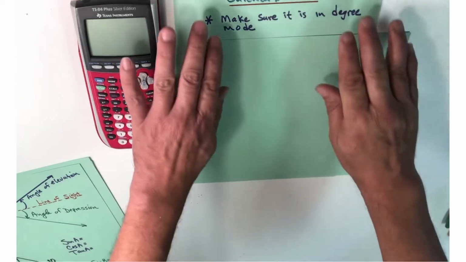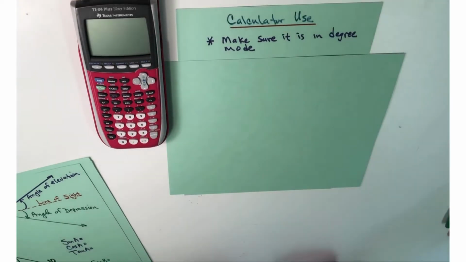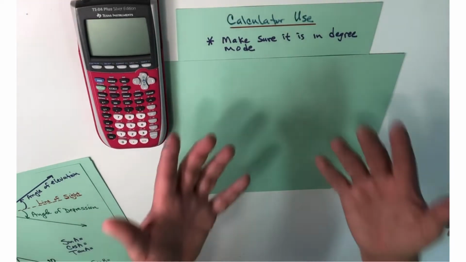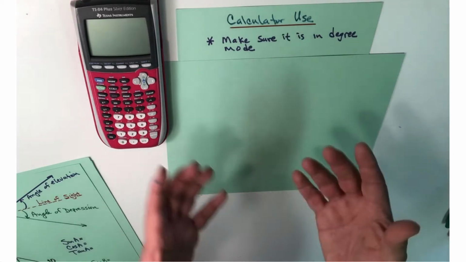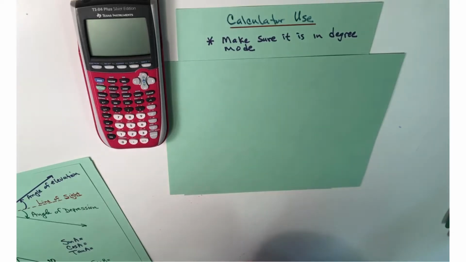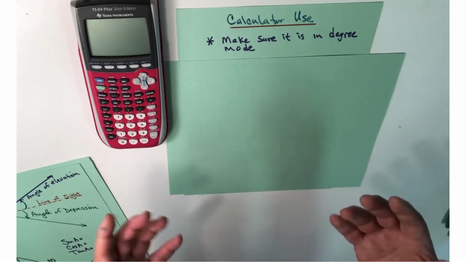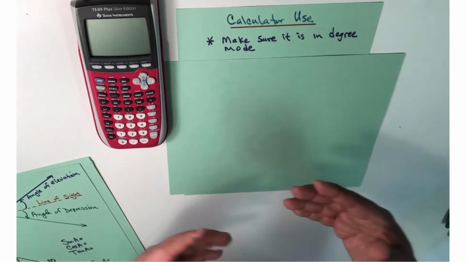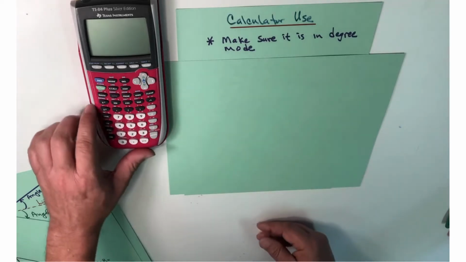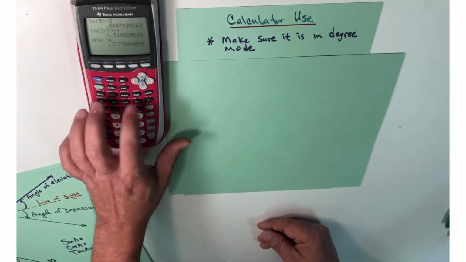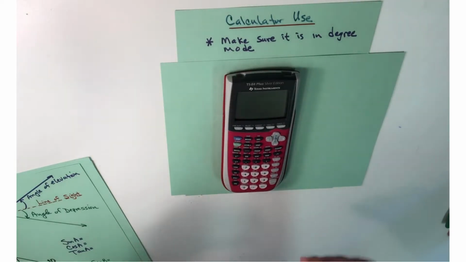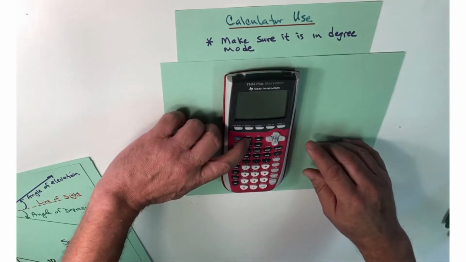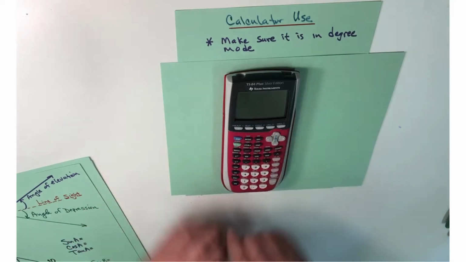First of all, when you are using the calculator, you must make sure that you are in degree mode. A little regular scientific calculator will have a letter D on it. D means degrees. What are others? Well, there are other such things as gradients and radians. Okay? If you're using one of these graphing calculators and you go to there, you're going to see that you need to check the mode. There is a mode button right here, right next to second function.